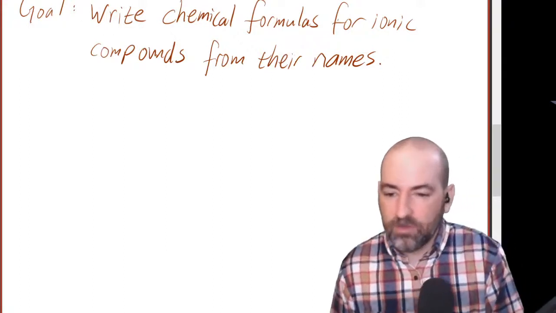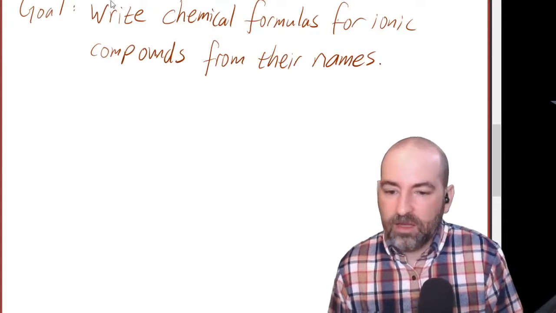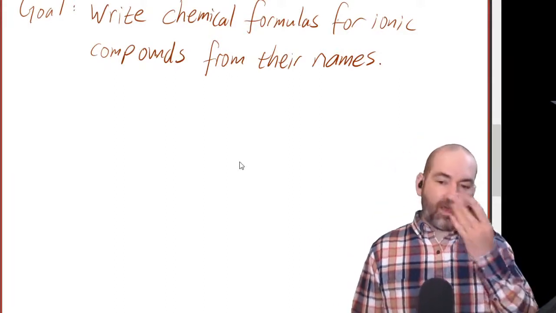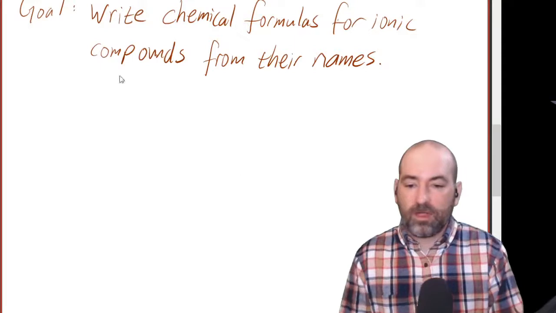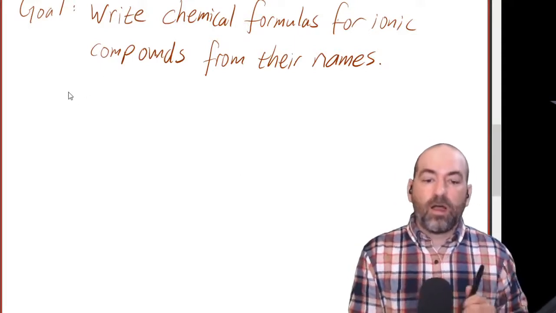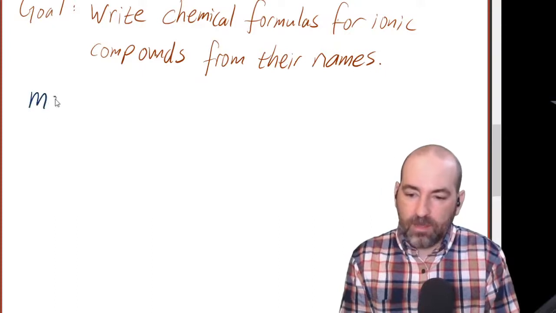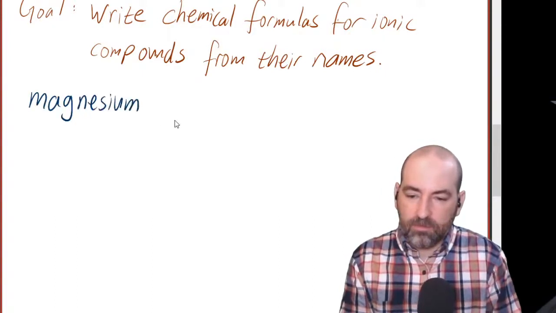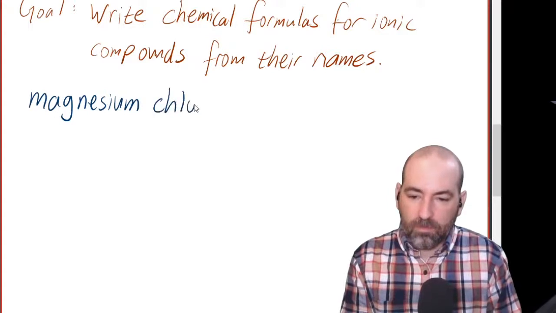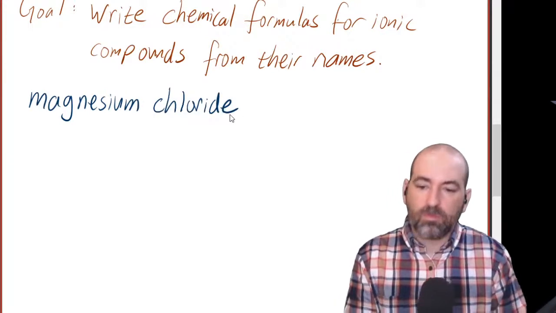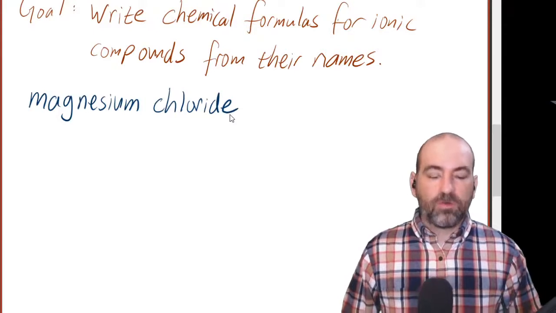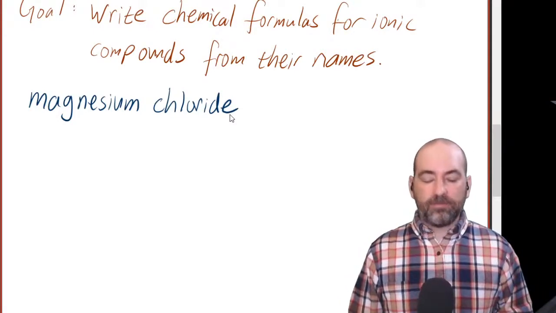It's a different set of rules. So we're going to focus on writing chemical formulas for ionic compounds from their names. A couple things we have to know to be able to do this. So let's say we have some name of a compound: magnesium chloride. First, how do we know it's an ionic compound?